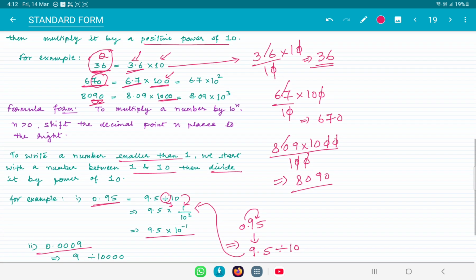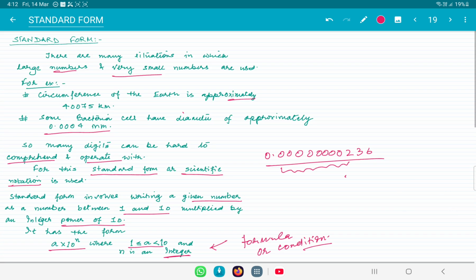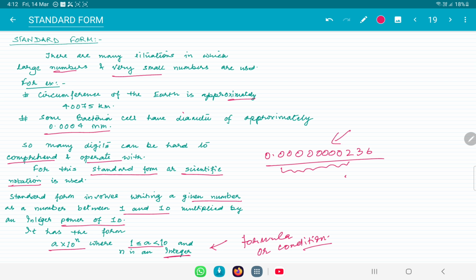So just to summarize it, why are we doing standard form? Because we have two types of numbers. It can come in the form of large, or it can come in the form of small. We are not able to write so many zeros before or after the digit.